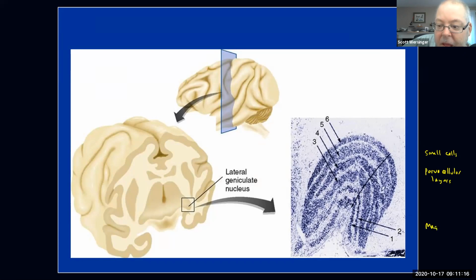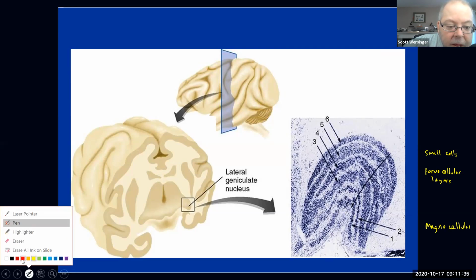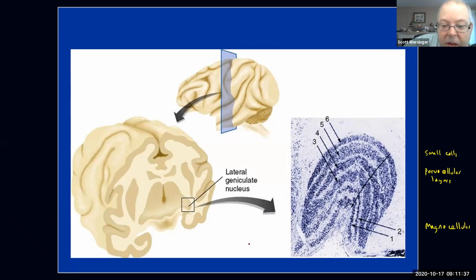These are going to be the magnocellular. Now, one thing about the arrangement, you can see we have an even number. One of these would be from the left eye. One would be from the right eye. Okay, so here the information from each eye is kept separate.